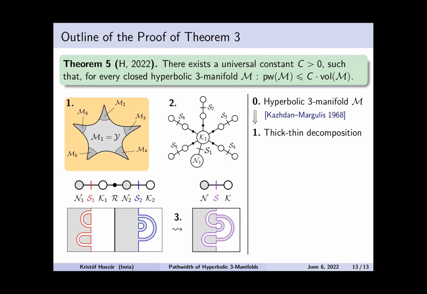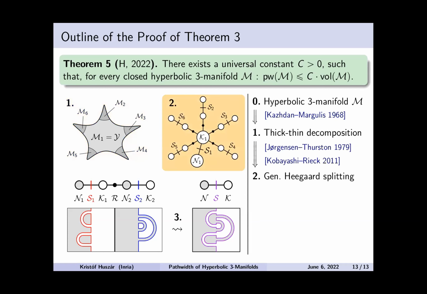Here the dark gray part, which are illustrated as spikes on this schematic, are essentially neighborhoods of short geodesics. They are topologically just solid tori, and the thick part, which is denoted by M1, is the one where all the complications occur.